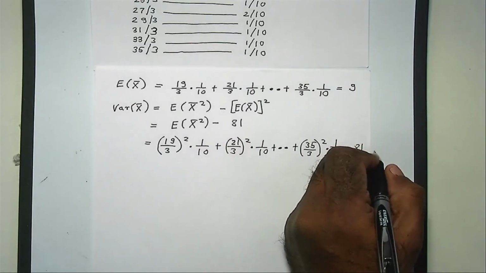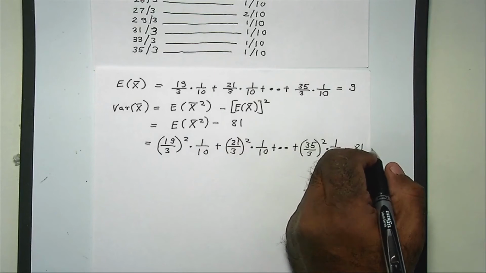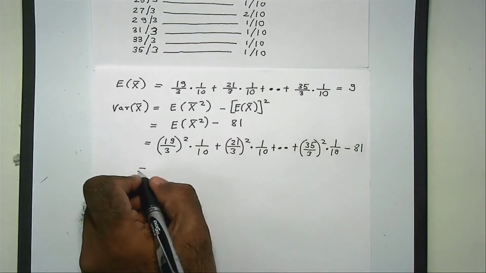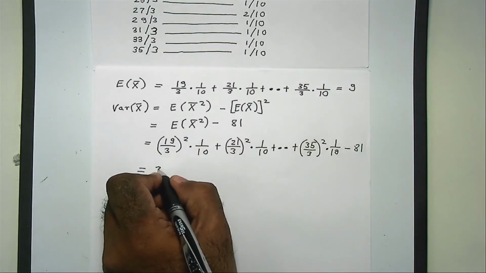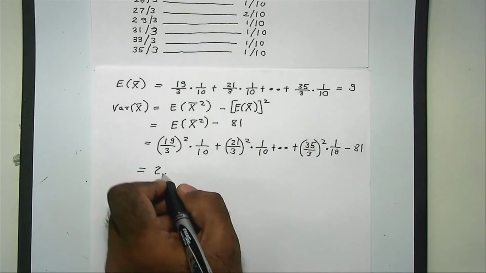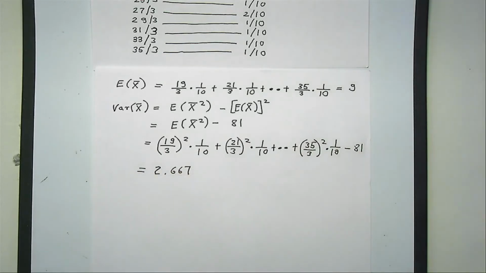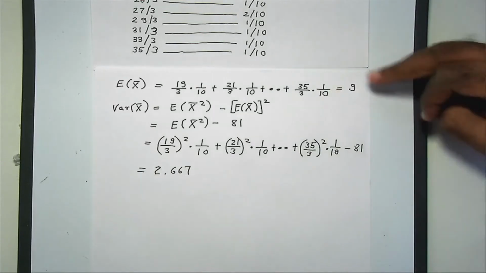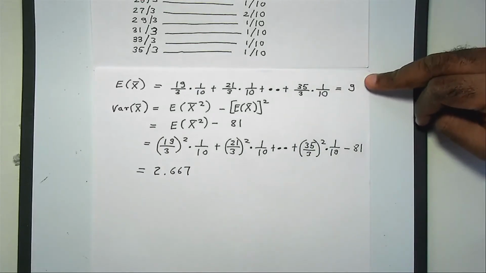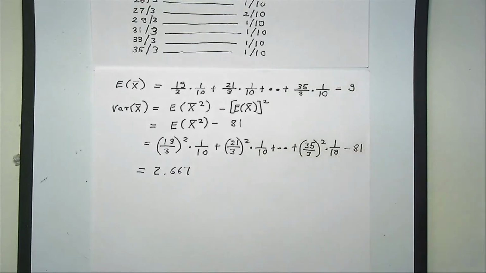Now if you do the calculations, you will get approximately equal to 2.667. All right, so this is the mean of x bar, and this is the variance of x bar, of the sampling distribution of x bar. Right, so that completes part 2 of question 5.